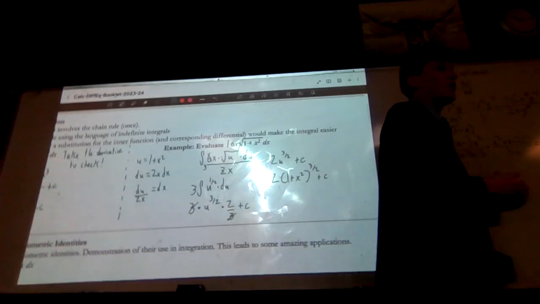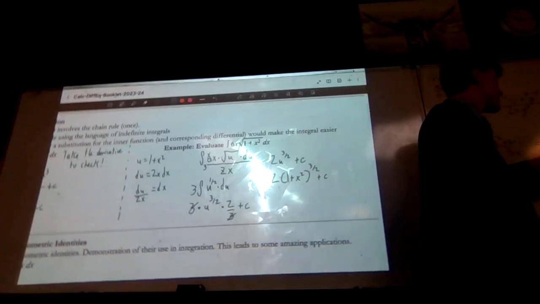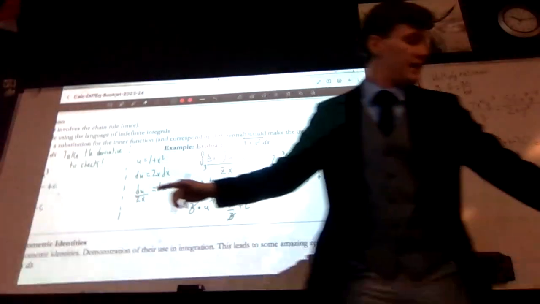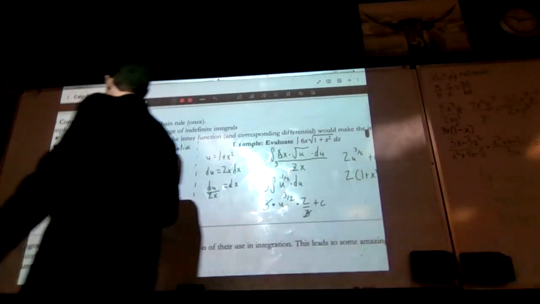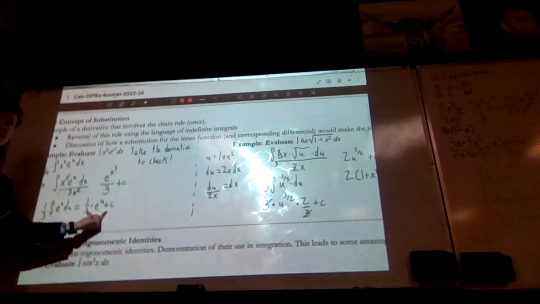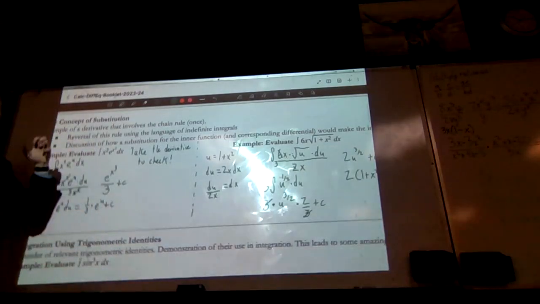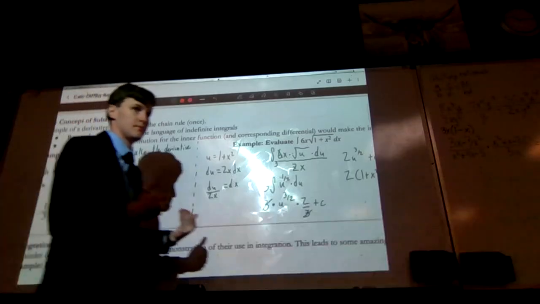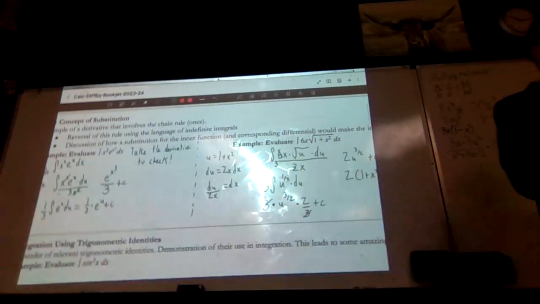Whenever you take the integral, it undoes the derivative, which undoes the differential portion. Same thing as over here. When we did it here, the du disappeared because we undid the derivative with the integral, which undoes the differential. Make sense?